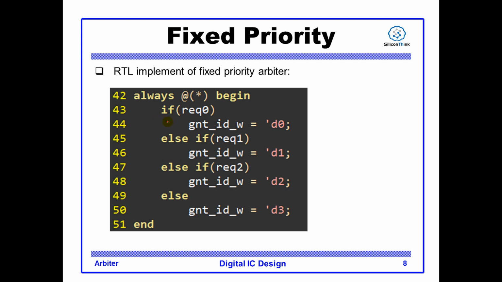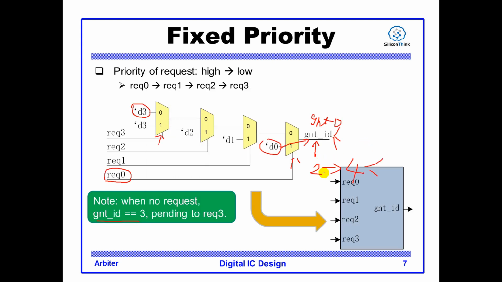Actually in hardware it is a cascade of muxes. Let's give this circuit a symbol like that: request, grant, ID. Inside it is the fixed priority algorithm. We will use this symbol in the later slides.